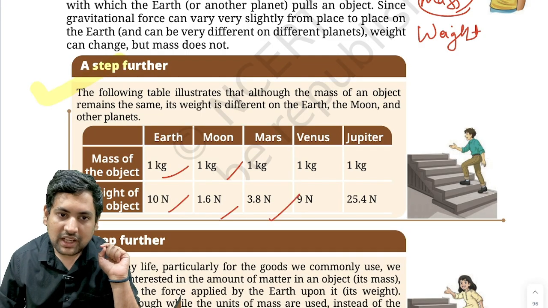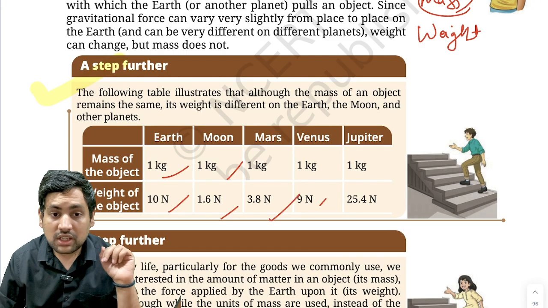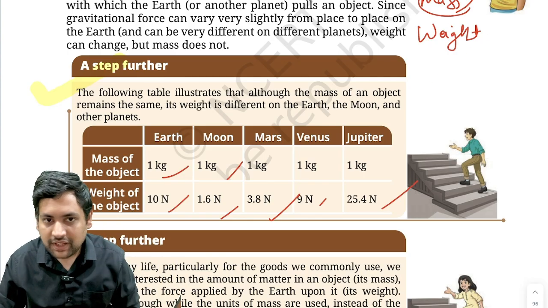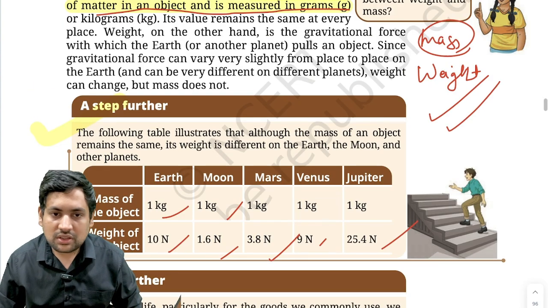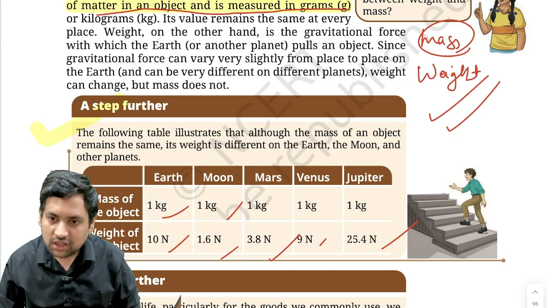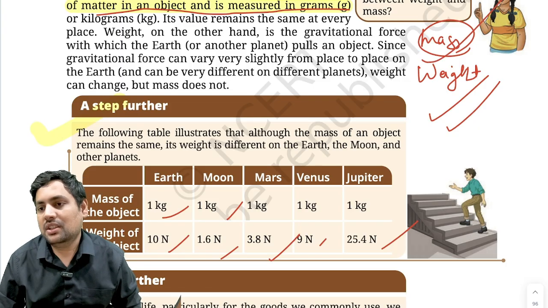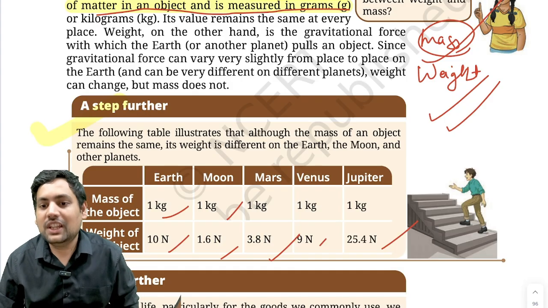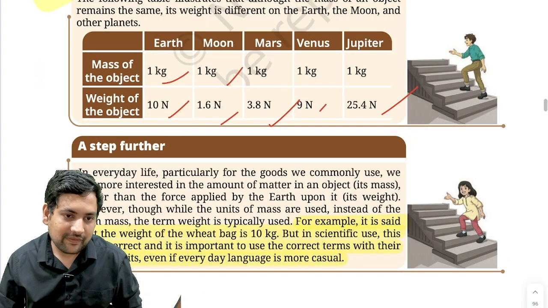On Mars it will be slightly greater, in Venus it will be almost equal, in Jupiter it will be even higher. Correct? So can you see that weight is changing because of the place, that is on earth or moon or what. Mass remains same.